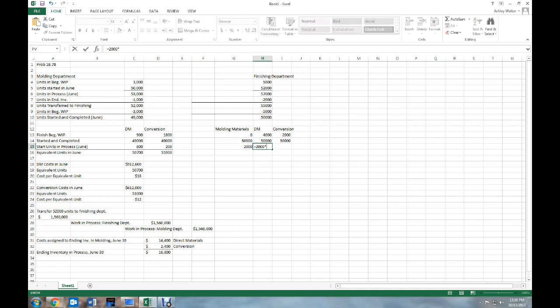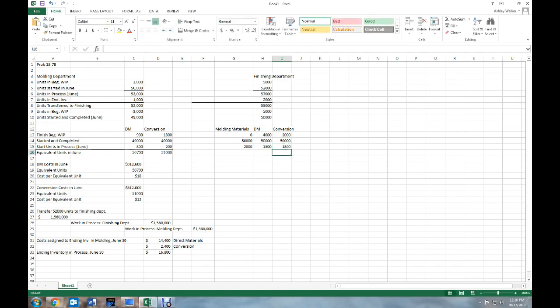Now we go look at our June 30th completion. They are 75% complete with respect to direct materials. So that's the cost we've already put in. With respect to conversion, they are 90% complete.